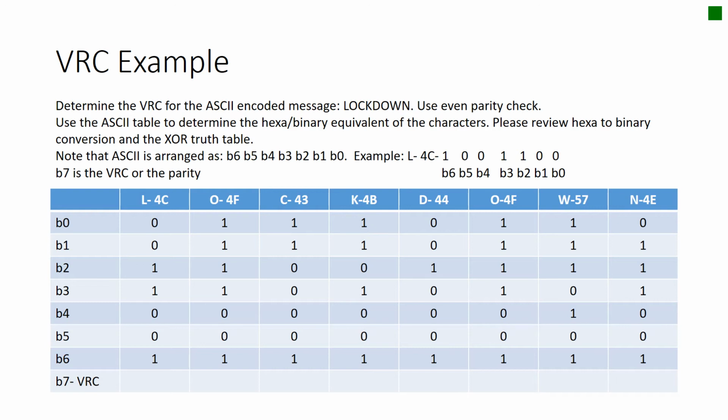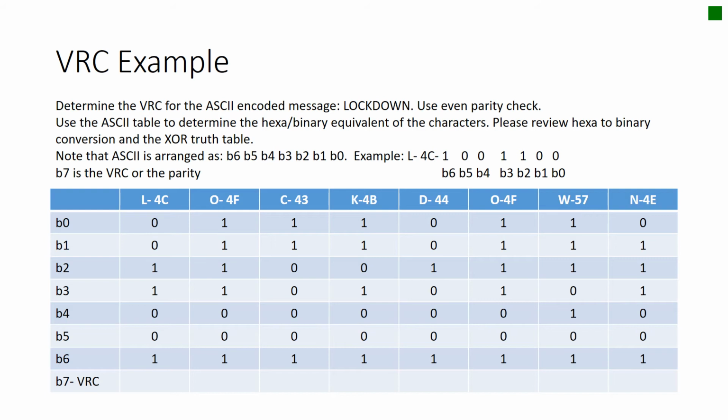Determine the VRC or the vertical redundancy check for the ASCII encoded message LOCKDOWN. Please take note that I have used uppercase letters because in ASCII, the uppercase letter representation is different from the lowercase letter representation.